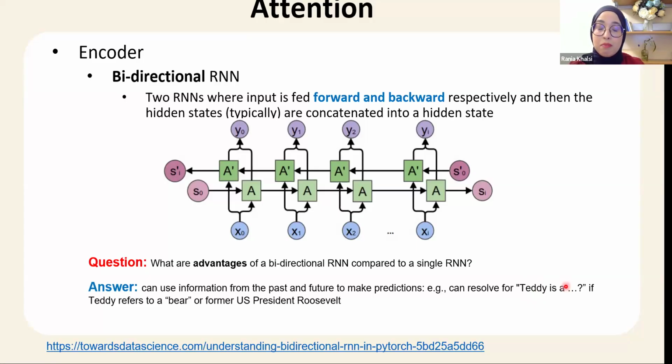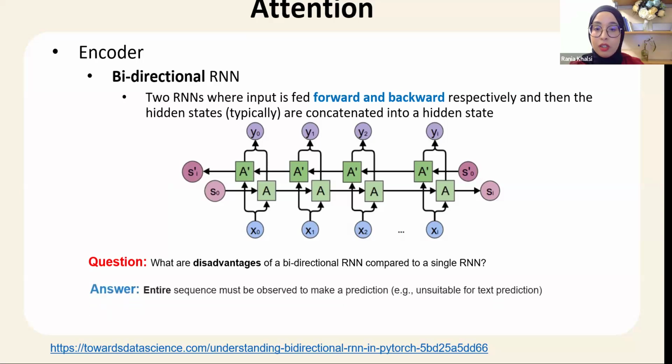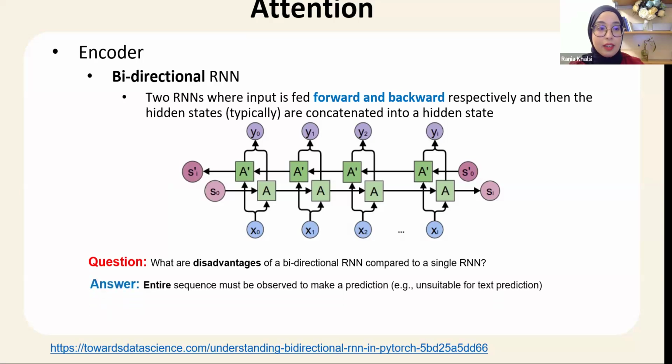But like any method, they also have their own disadvantages. The main disadvantage of this bidirectional RNN is that we need access to the entire sentence in order to make the prediction. In attention-based methods, the full input sentence is already available, but with bidirectional RNNs, this requirement becomes a limitation.